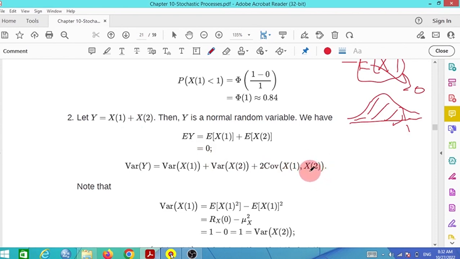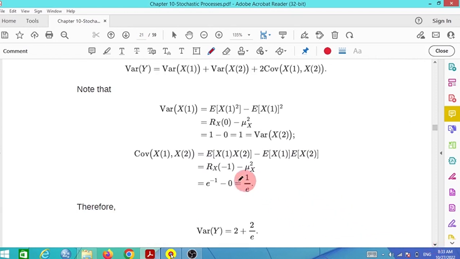Come back to the previous chapter and study this notation. The variance of X1 is R x0, which is 1, and equal to the variance of X2. So you can replace it in the covariance by the above calculation.